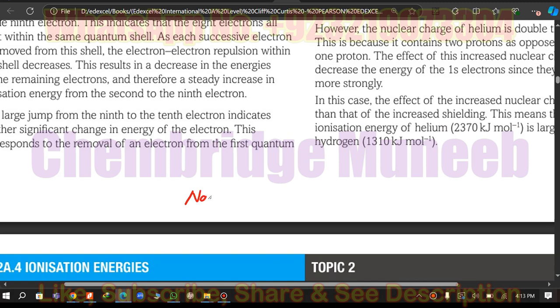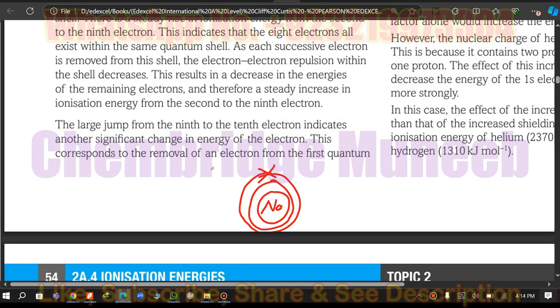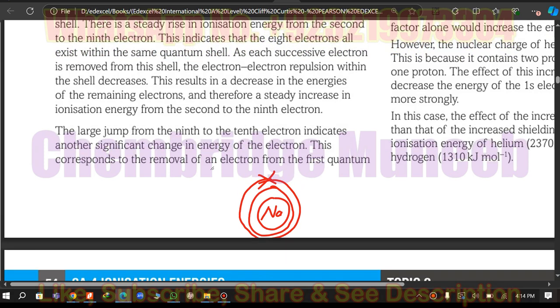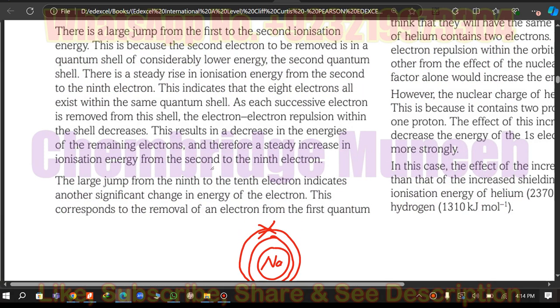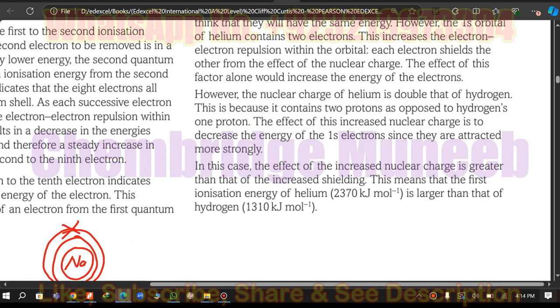When one shell is removed, the next electron will be closer to the sodium nucleus, and as a result there will be stronger attraction between the electrons of the second shell and the nucleus. So that's why the ionization energy increases. Is it clear? Yeah. All right.